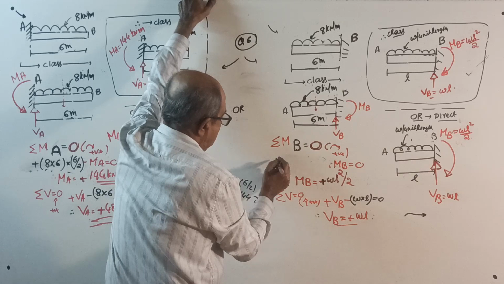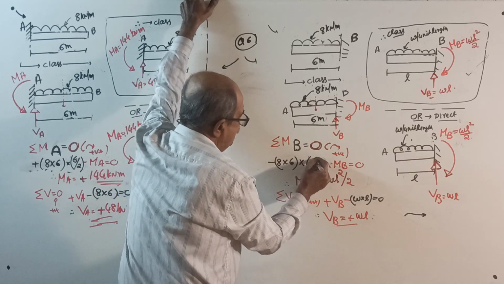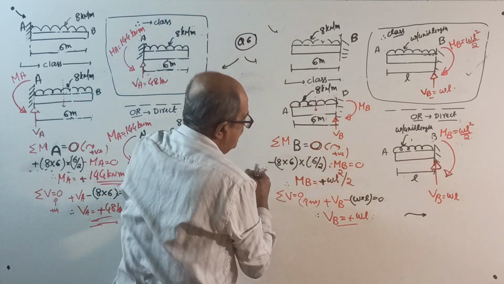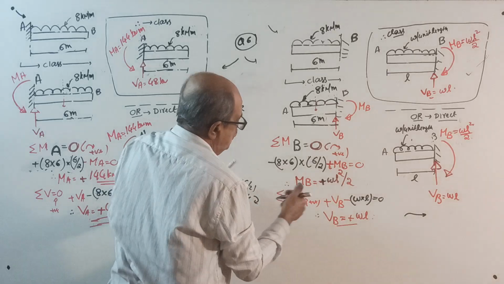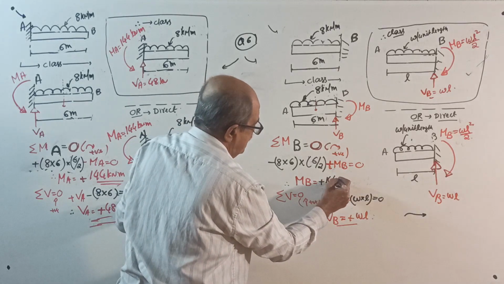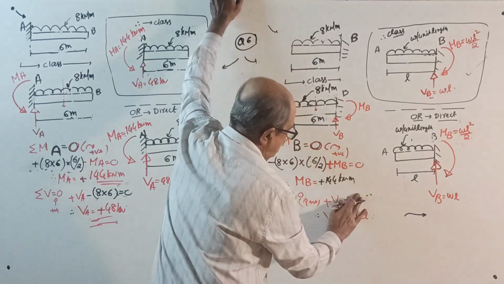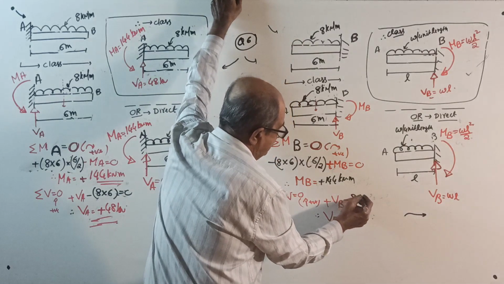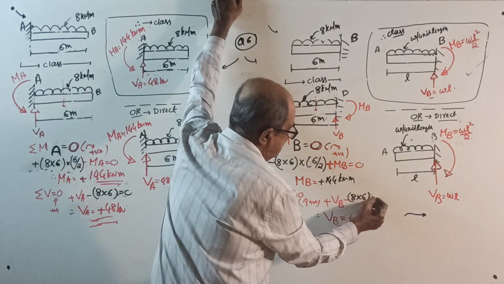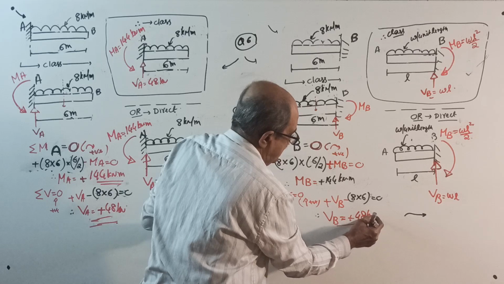Anti-clockwise. Minus 8 into 6, the total load, into 6 by 2, plus MB equal to 0. MB will come, plus 144 kilonewton meter. Sigma V equal to 0: VB minus 8 into 6 total load equal to 0. VB will come, plus 48 kilonewton.